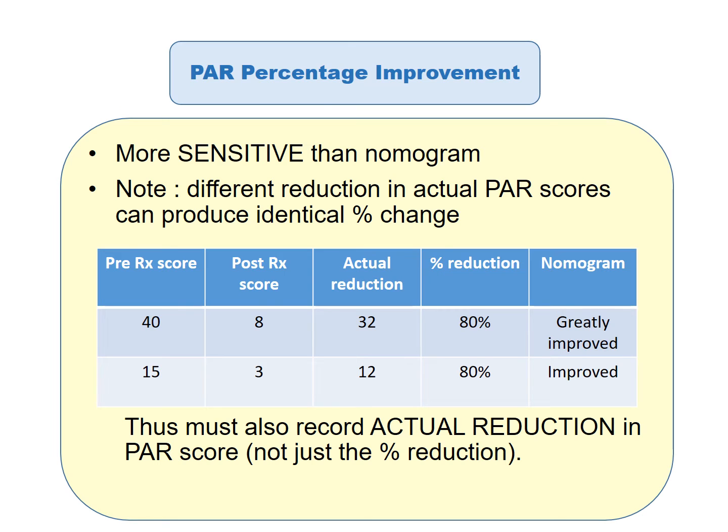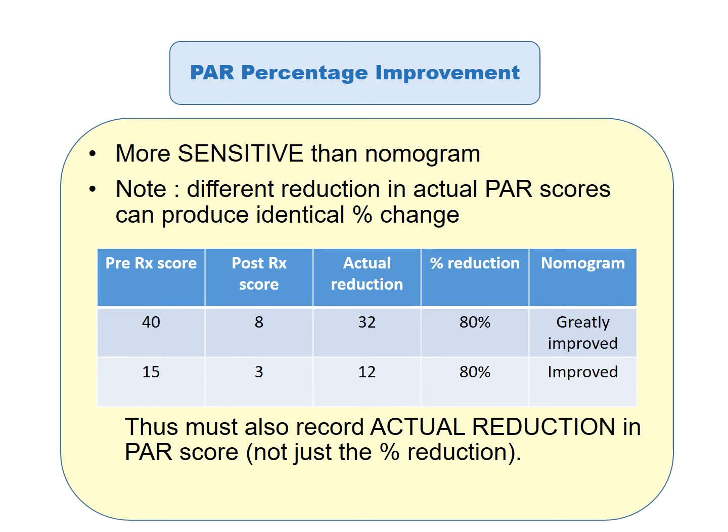If you look at this table, if we look at these two hypothetical situations, in the first case, the actual reduction is 32 score units, and the second example is a reduction of 12 units, but yet both in terms of percentage reduction is 80% reduction.